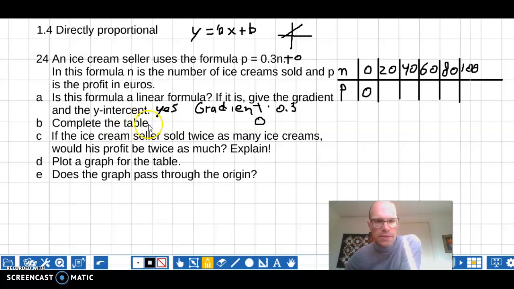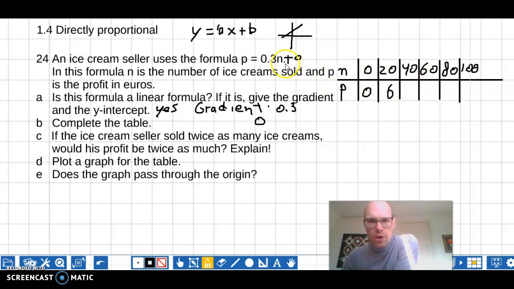Then we need to complete the table. We fill in the upper numbers in the formula to calculate the other one. You simply grab your calculator, or do this in your mind. 0 was already done, but we fill in 20. So P is 0.3 multiplied by 20, and that is 6.